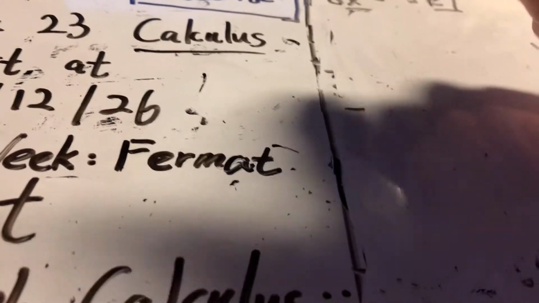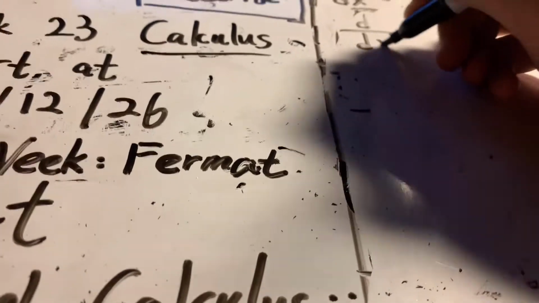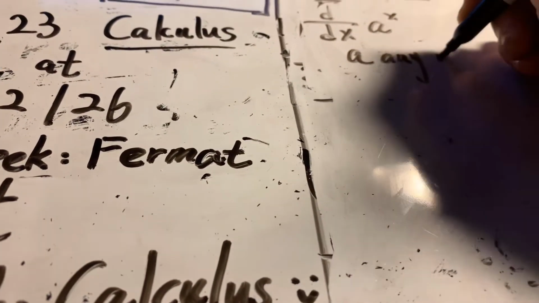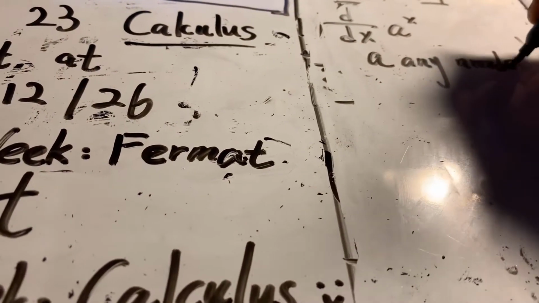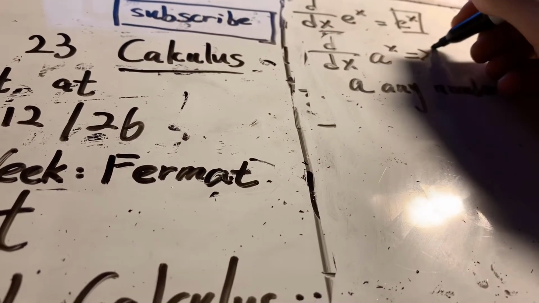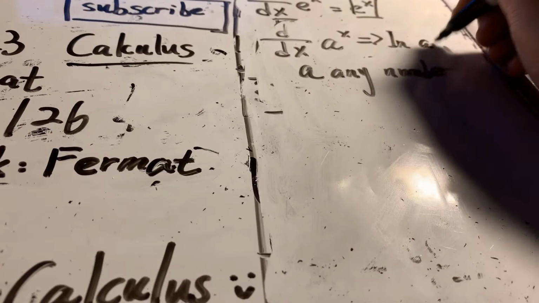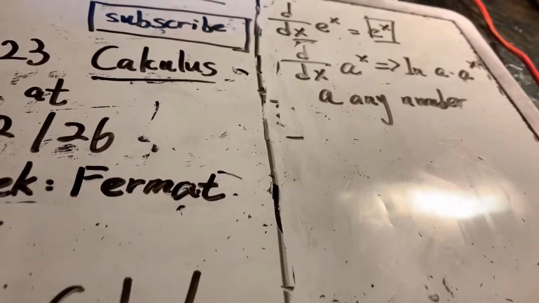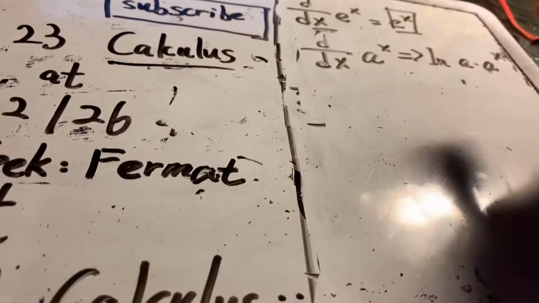When you are doing a to the x with any number a, the formula for this is this times a to the x.